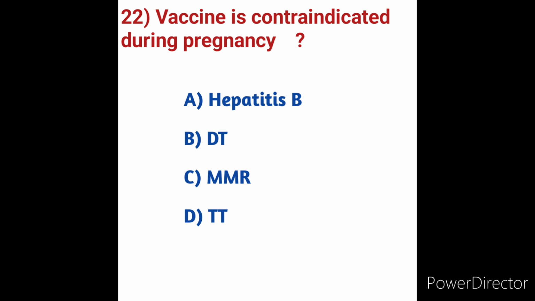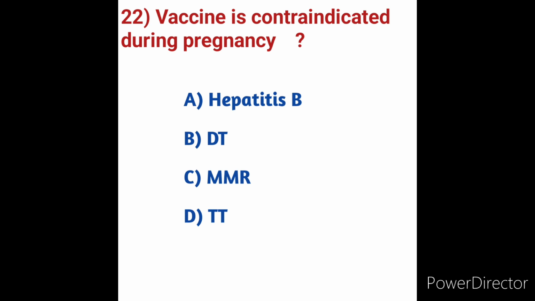Live vaccines administered to a pregnant woman pose a theoretical risk to the fetus. Therefore, live attenuated virus and live bacterial vaccines are generally contraindicated in pregnancy. Live virus vaccines such as MMR and chickenpox should not be given to pregnant people but should be given before or after pregnancy if indicated.